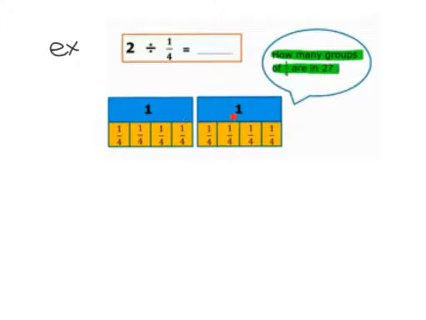Can you see that there? You count these: 1, 2, 3, 4 fourths in 1 whole, 5, 6, 7. There are 8 groups of 1/4 in 2 wholes. So that's what modeling fraction division looks like. Make sure you draw that down.